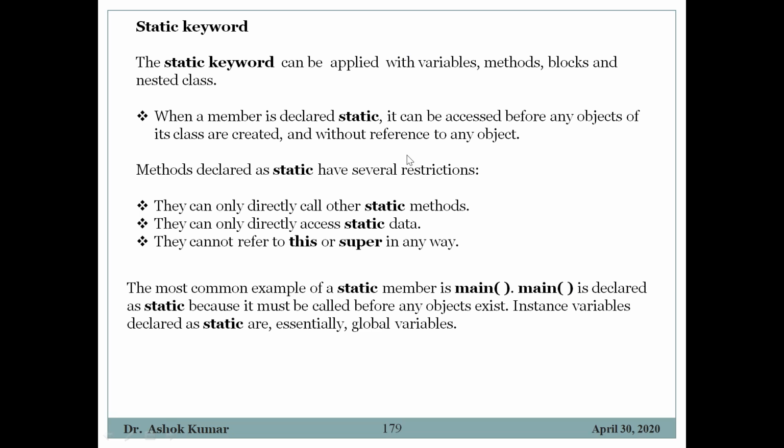The important point, which I have already shown in an example: if the method of the class is static, then that method can be called directly without creating the instance of the class, without creating the object of the class. And how will you call the static method? Using the class name. We will discuss this soon in more detail.